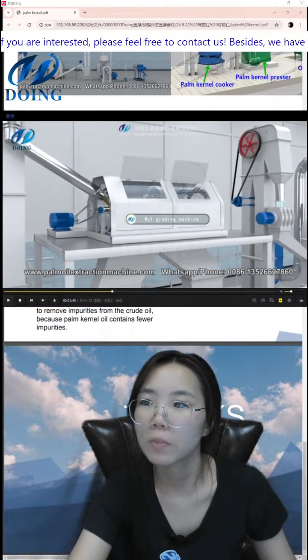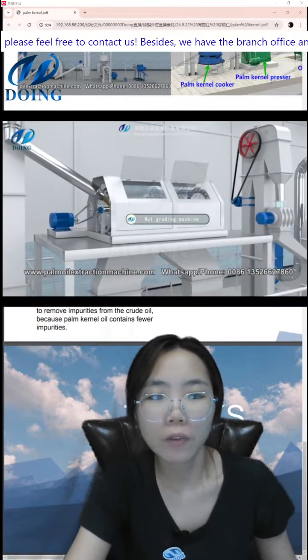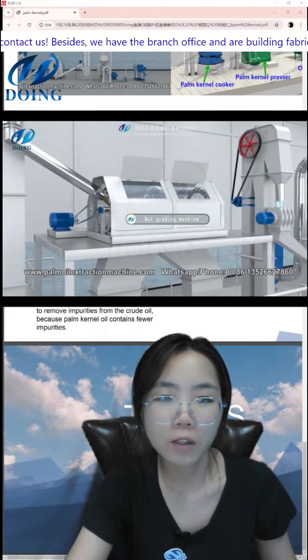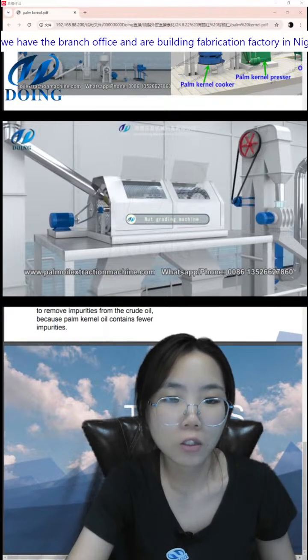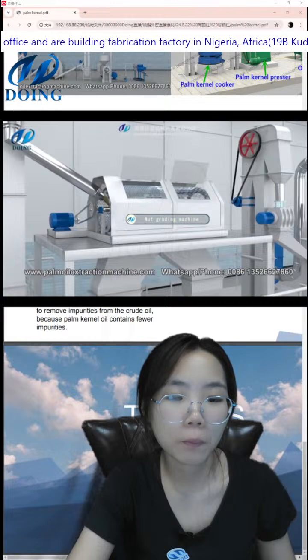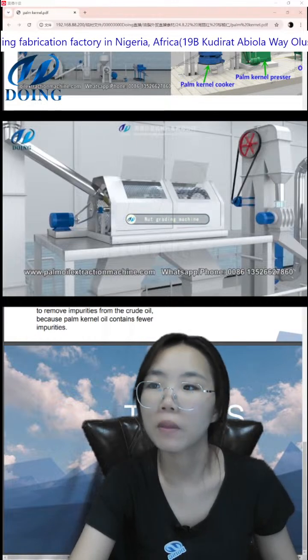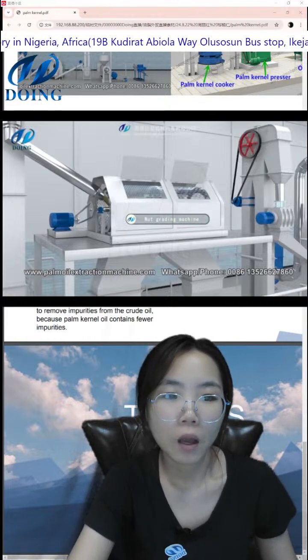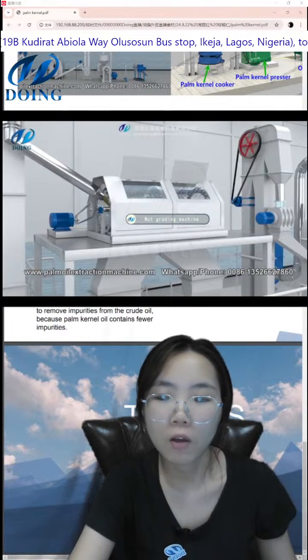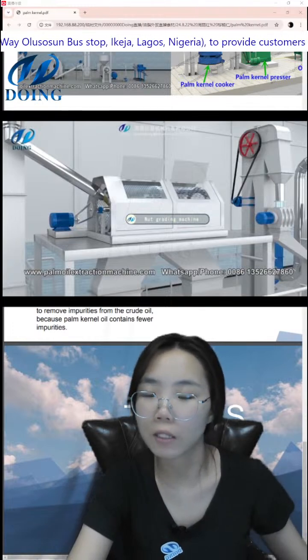And we can see this machine. This machine is a nut classification sieve, with a processing capacity of 4 to 6 tons per hour.